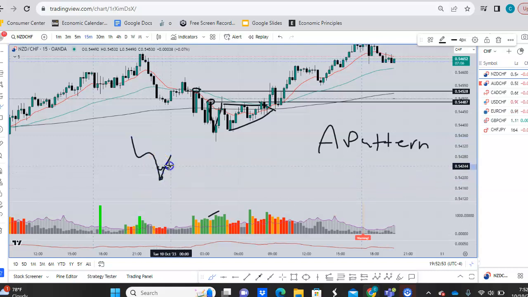It doesn't matter where the volume's at here. So the last guy didn't have volume, and we can enter anywhere in this test to anticipate the move up.